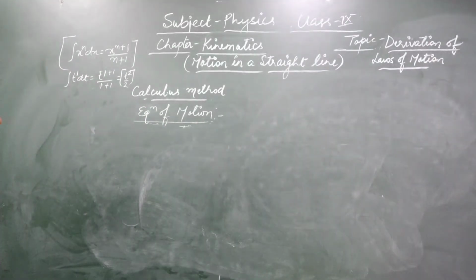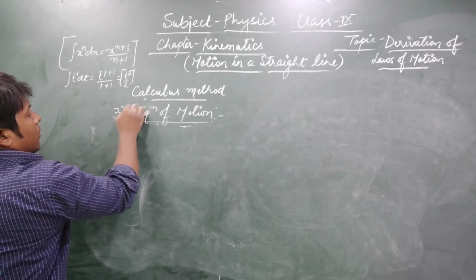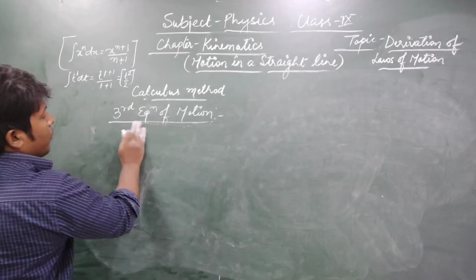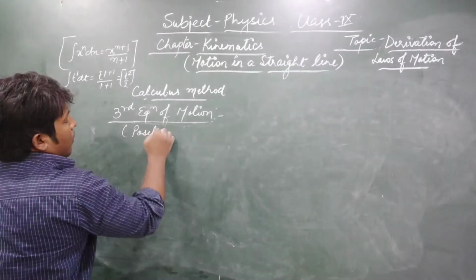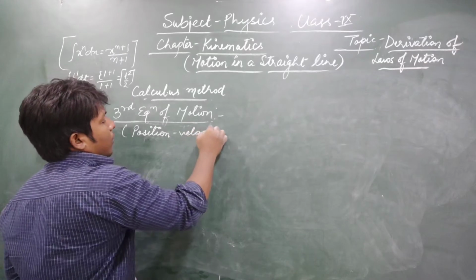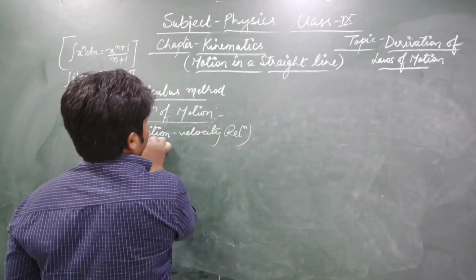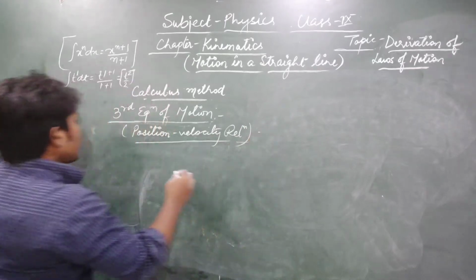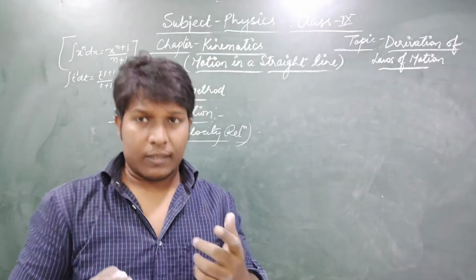This is the position velocity relation. So guys, the third equation of motion is v square is equal to u square plus 2as.